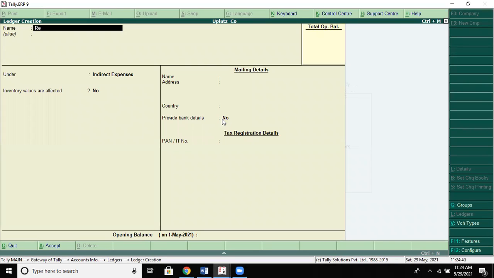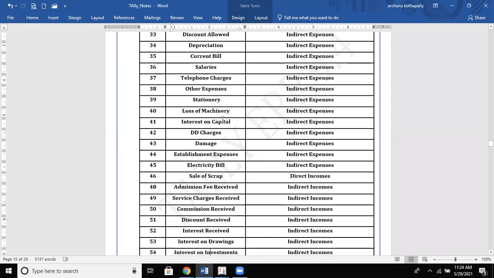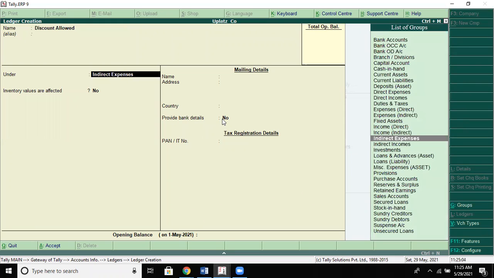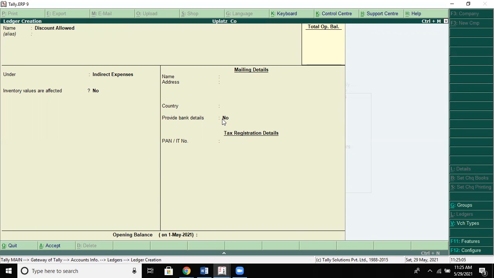Rent, nothing but rent paid, is your indirect expenses. Discount allowed. It is related to your operational business, so indirect expenses. Depreciation is nothing but your non-cash expense.